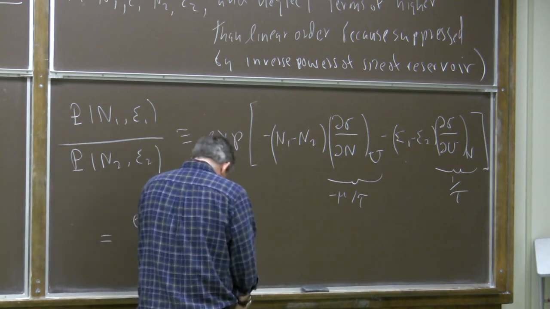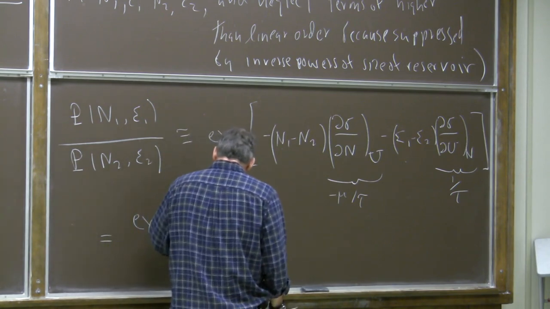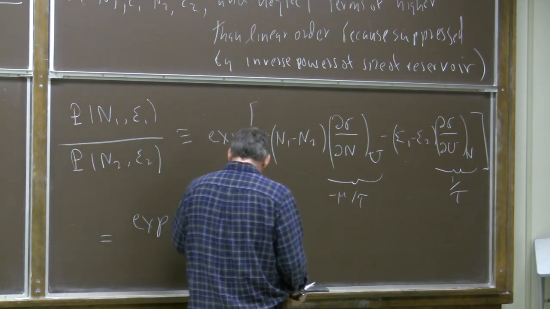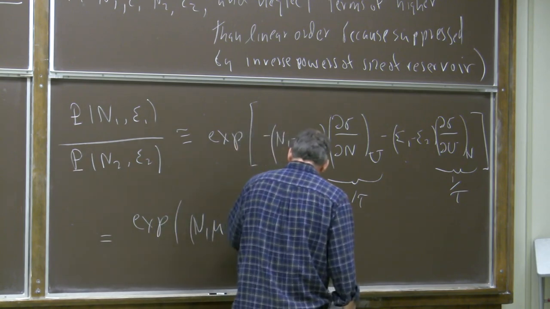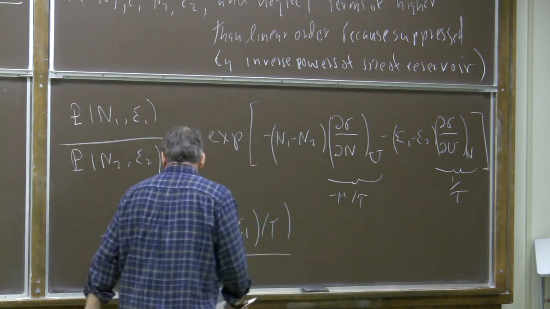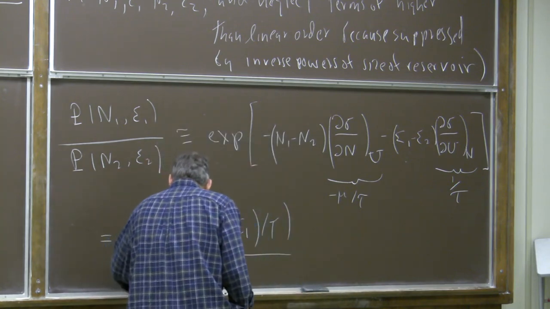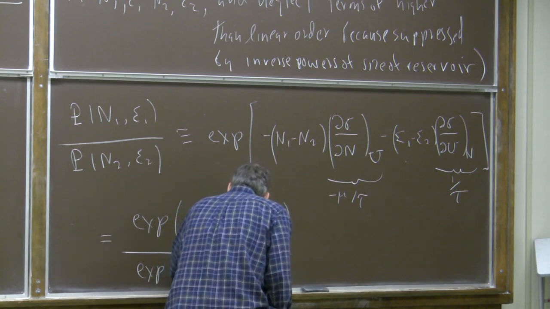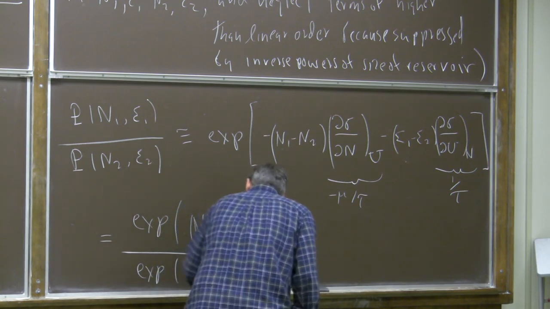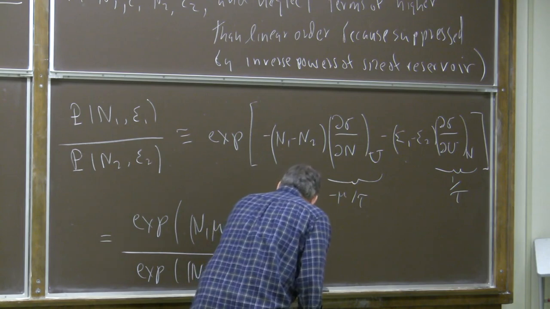So it's the exponential of (N1 mu minus epsilon 1) divided by temperature, divided by the exponential of (N2 mu minus epsilon 2) divided by temperature.